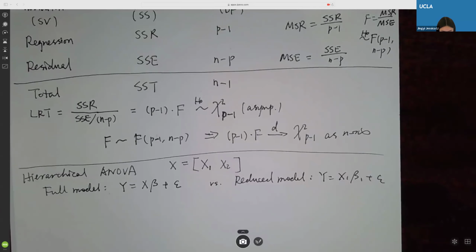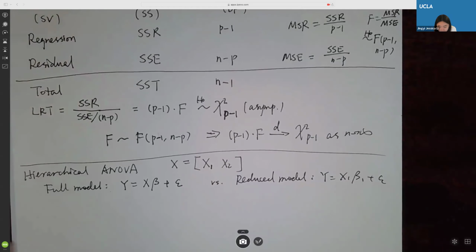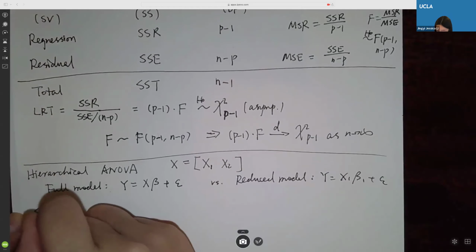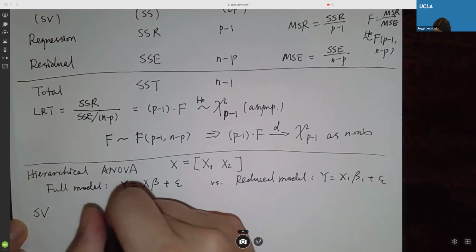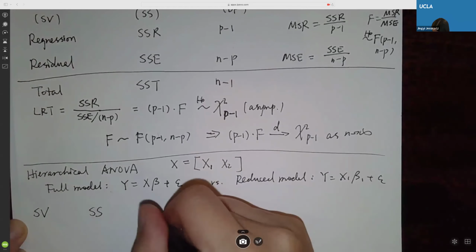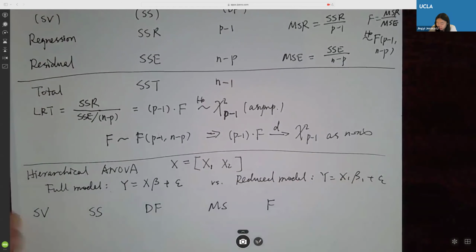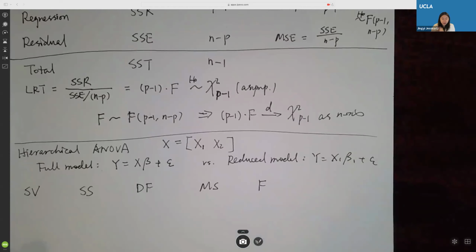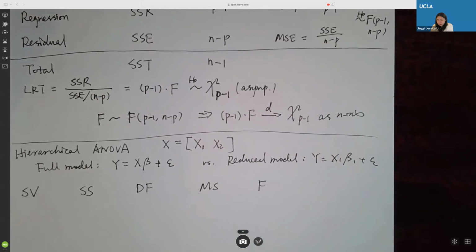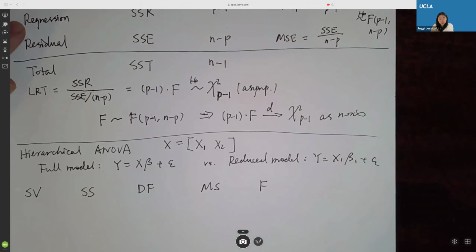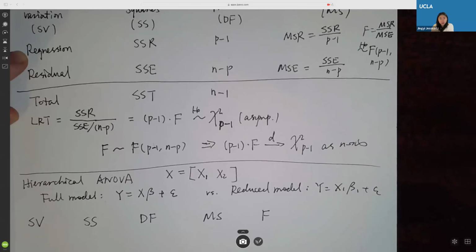Okay. And so basically, what do we do in this case? If we still write this ANOVA table, with SV, source of variation, SS, DF, MS, and finally the F statistic, then here are the sources. For regression, previously we just had one SSR, right?